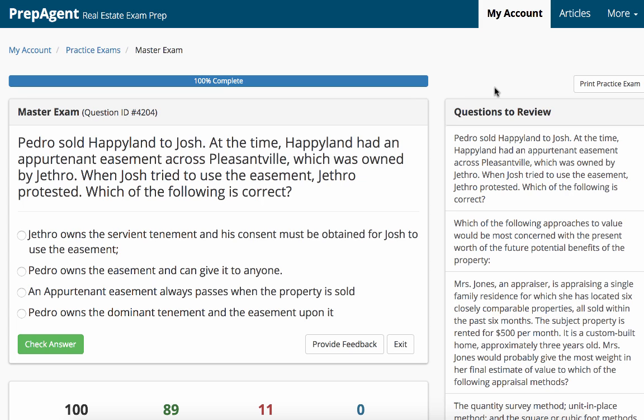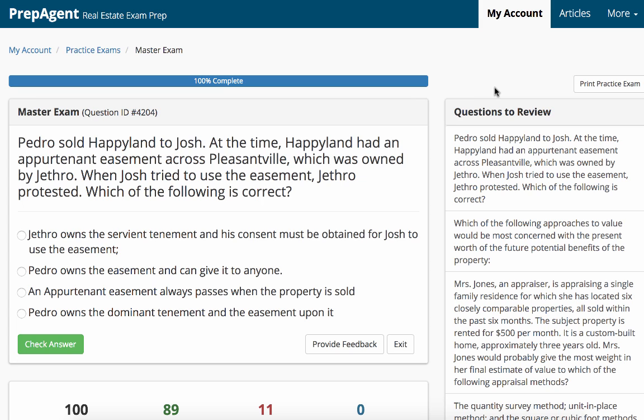That easement is owned by Jethro. All right. So when Josh tried to use the easement, Jethro protested. So Josh bought the property under the same rules that Pedro had the property. So if Pedro had the right to cross, so did Josh.